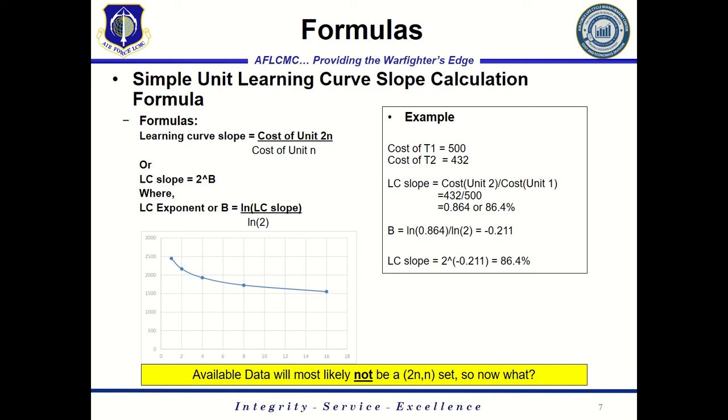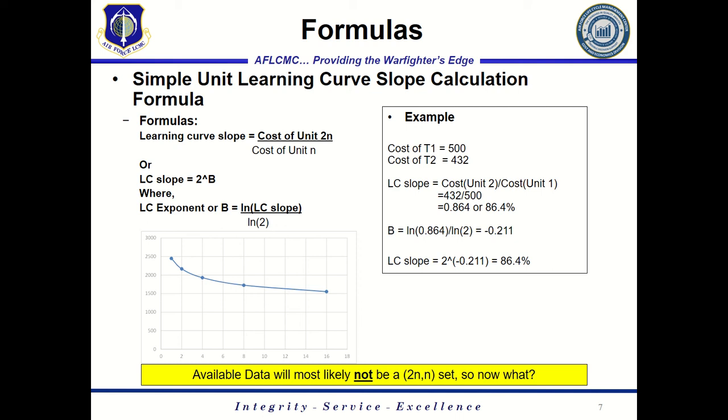From there, you can convert the slope into this other format in order to use it in some of the equations. So in this example, the learning curve ended up being 86.4%. In order to calculate the variable b in the learning curve slope calculation, we would take the natural log, ln, of 0.864 and divide that by the natural log of 2, and it gives us the variable here, negative 0.211.